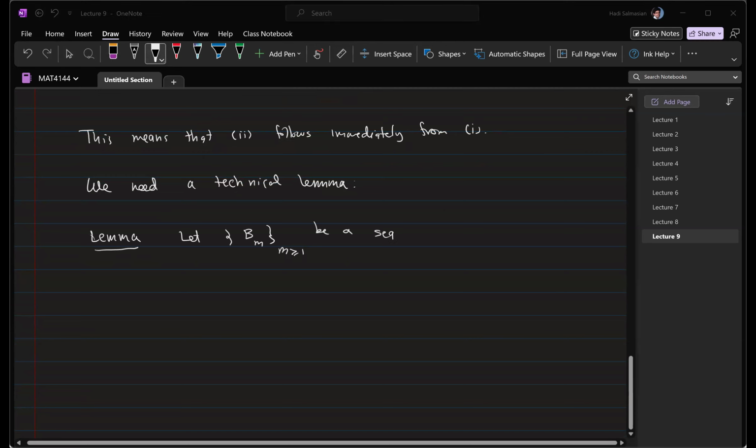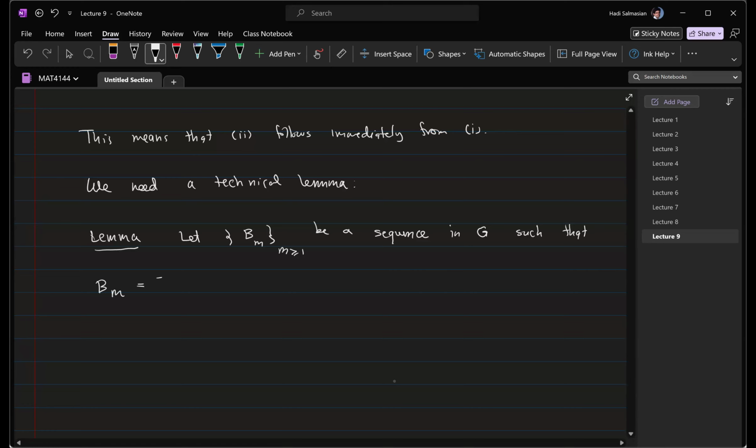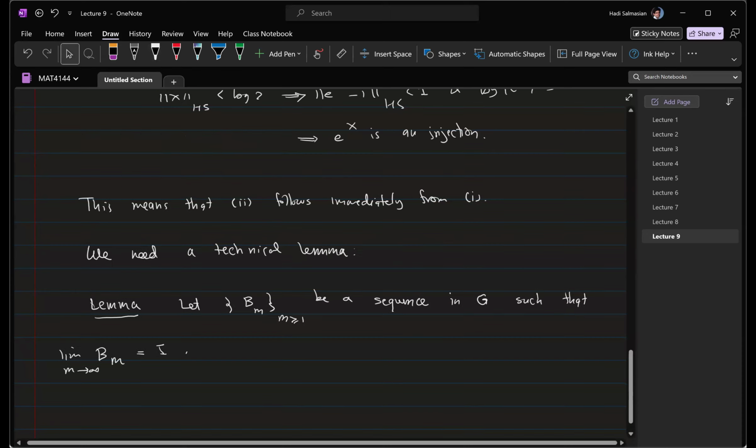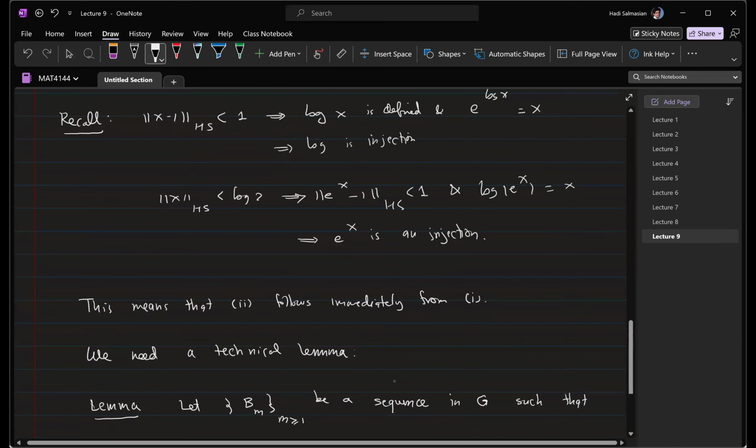Let Bm be a sequence of points in capital G, in this Lie group, such that they converge to the identity. These are points that are approaching the identity. For sufficiently large m, the log exists because they are sufficiently close so that the condition less than log 2 is met.